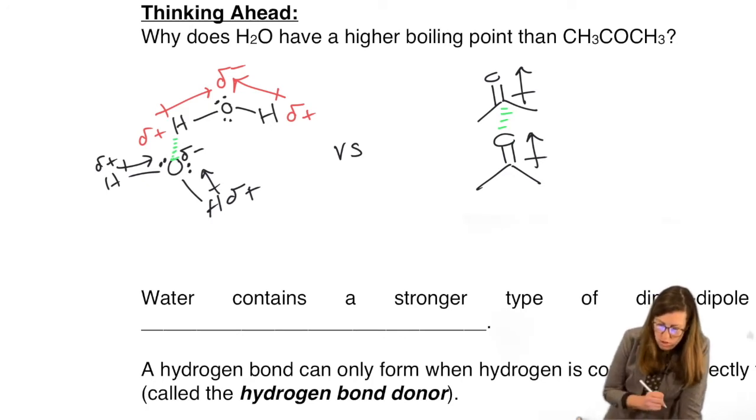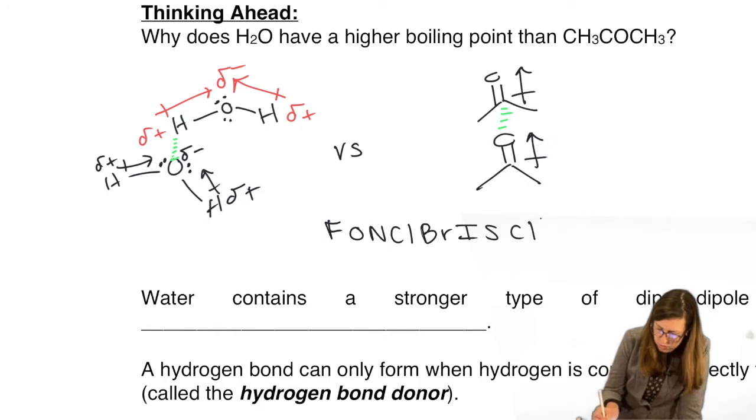So let's just look at why this particular interaction is so much stronger. It's an O making a non-covalent interaction with an H, whereas this is O making a non-covalent interaction with a C. Remember good old Pauling electronegativity? Think about H and O versus O and C.